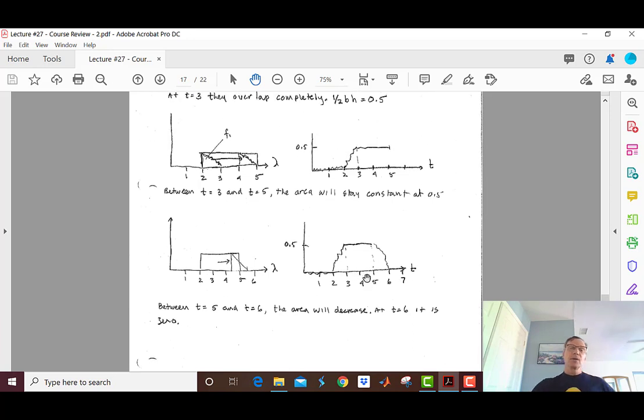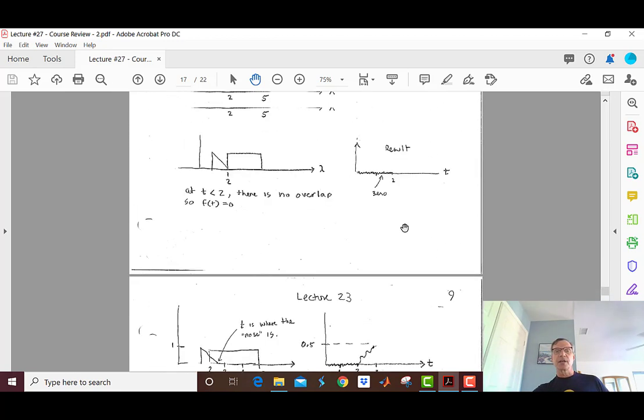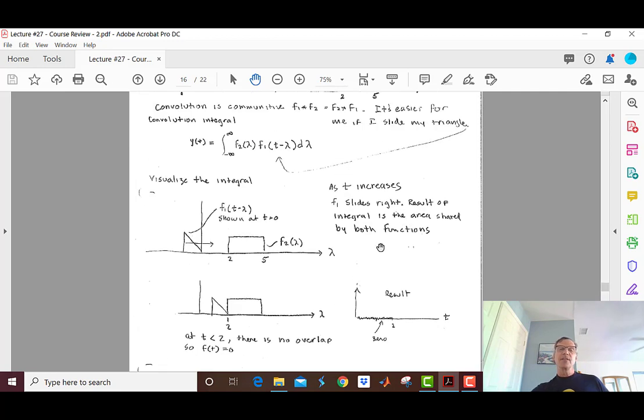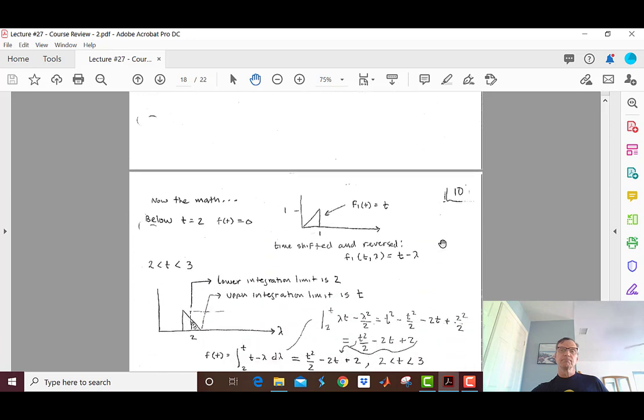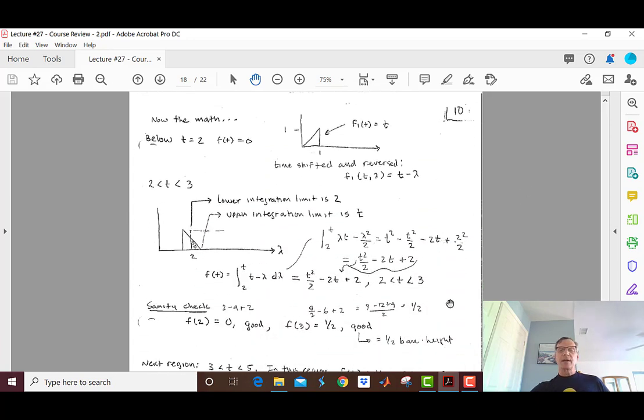And also, you can say that this is the output I get if I feed that triangle signal into that circuit that had the little impulse response that looked like this. And next, we're going to do the math.